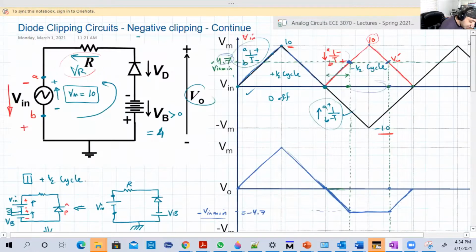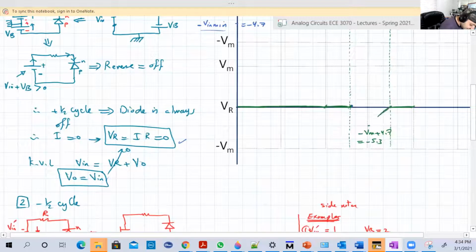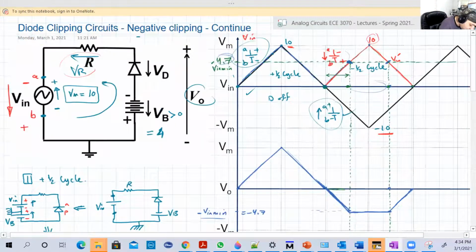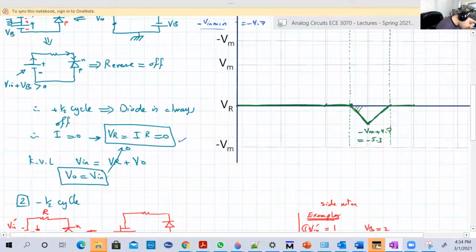And you should do the same with these values as well. What's going to happen is that it will give you the same triangle from that point to that point. So this triangle here is exactly flipped here.